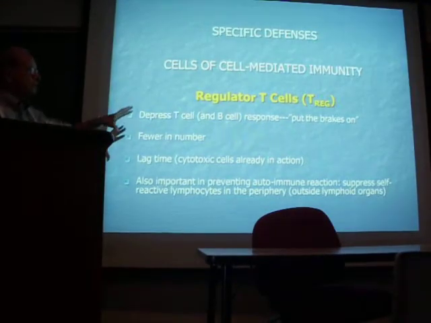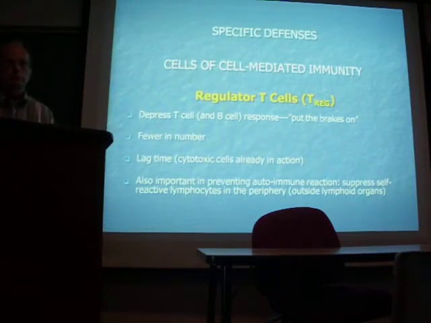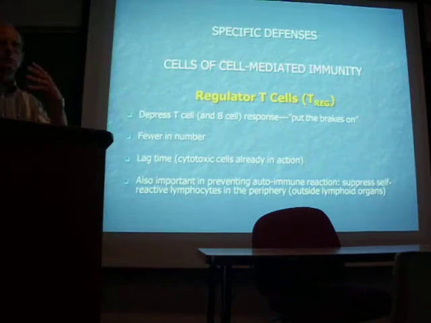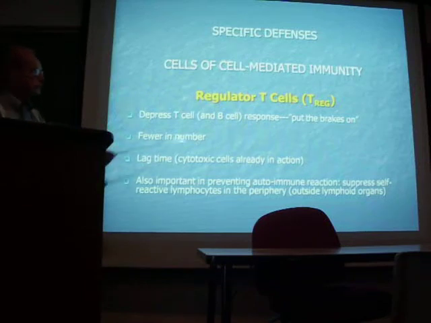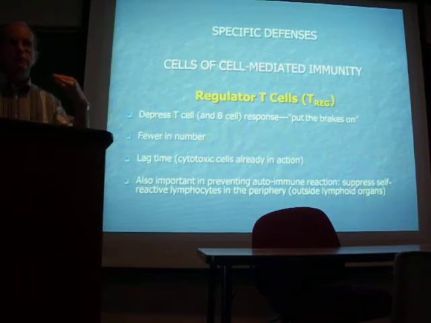Now, the regulatory T cells are a class of T cells. So you have cytotoxic T cells, you have helper T cells, and you have regulatory T cells. The regulatory T cells are not as numerous, and they come into play after the cytotoxic T cell action is initiated.